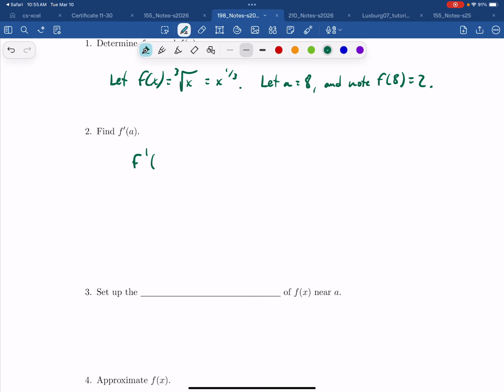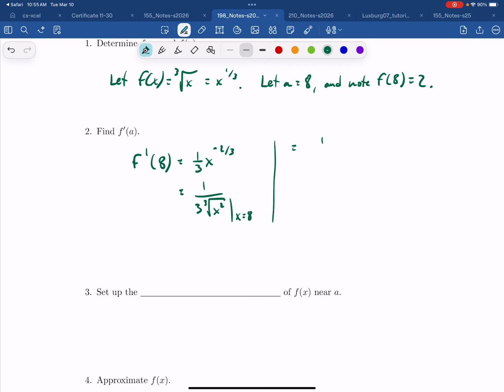F prime of 8, now remember, this just means take the derivative, then plug in 8, okay? F prime of x is going to be 1/3 x to the negative 2/3. Or you could rewrite this as 1/3 cube root of x squared. And then we just plug in x equals 8.